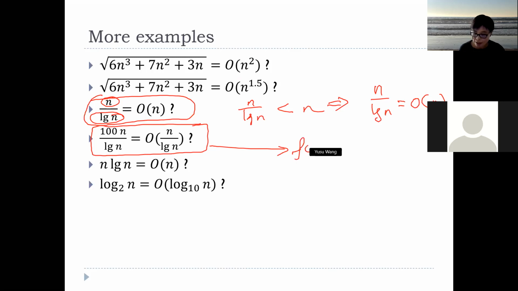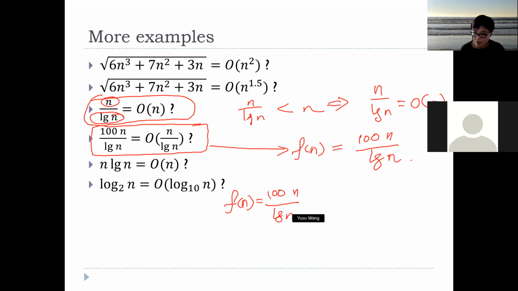Let's set f of n equal to 100 n log n. If this relation holds, that means we can find some constant such that this always holds, then we're done. Does such a constant exist? In fact, we can just take 100 here.